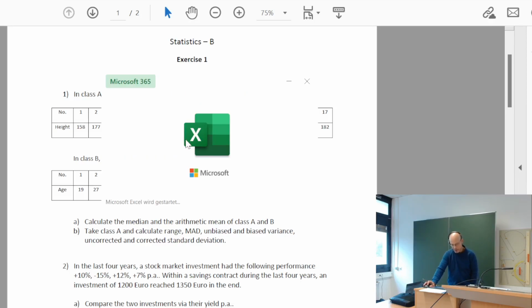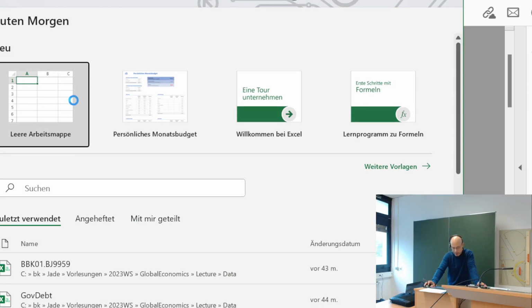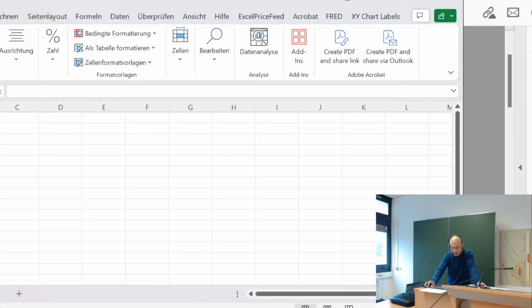So I just open the file. It's open. So there we are.